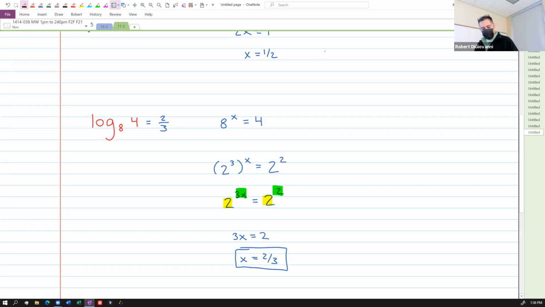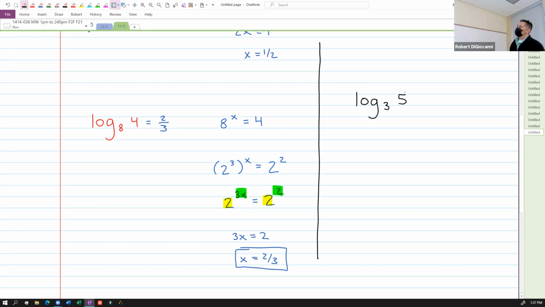One more, promise. Well, maybe not. I won't promise anything. Okay, let's try this one. Log base 3 of 5. So the question we're asking ourselves is, 3 to what power is 5, right? 3 to what power equals 5?